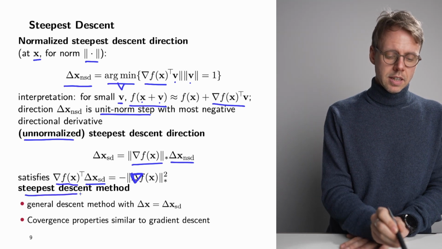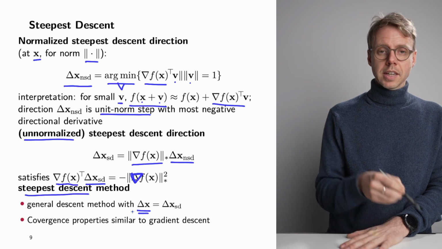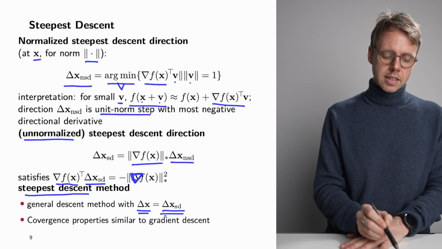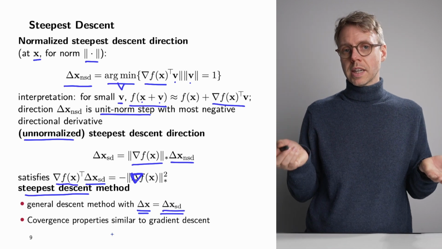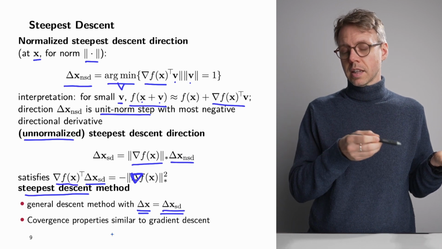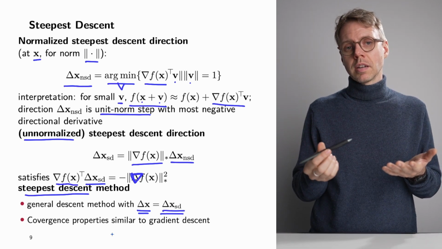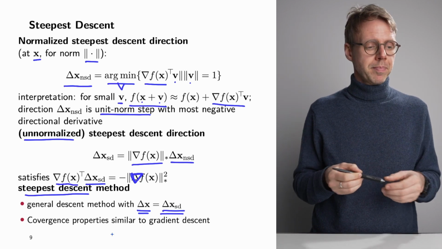Steepest descent is a general descent method where our descent direction is given by delta x steepest descent, and it has convergence properties similar to gradient descent, which, as we said, is an instance of steepest descent when we're measuring the norm with the Euclidean norm.